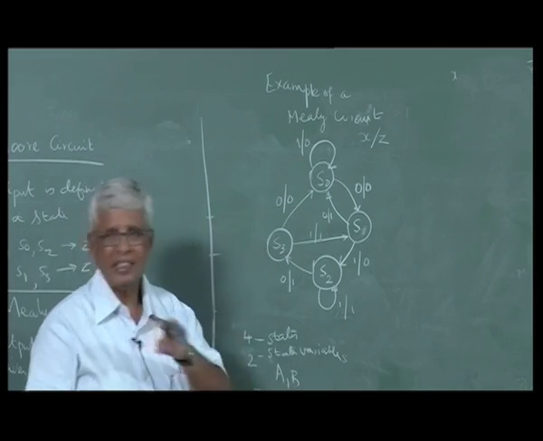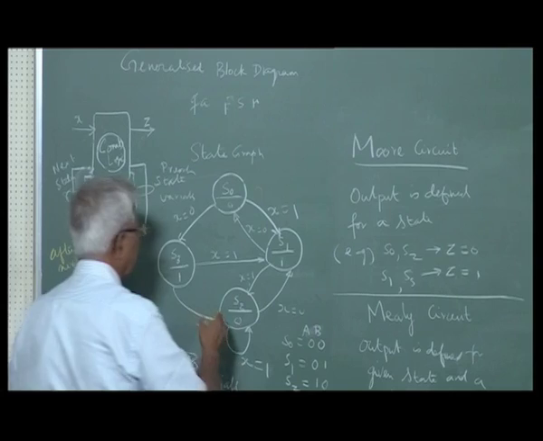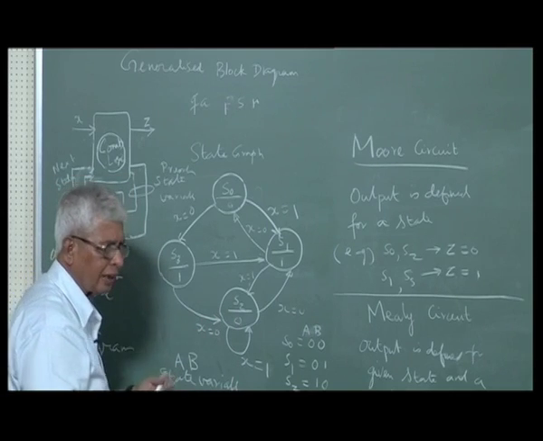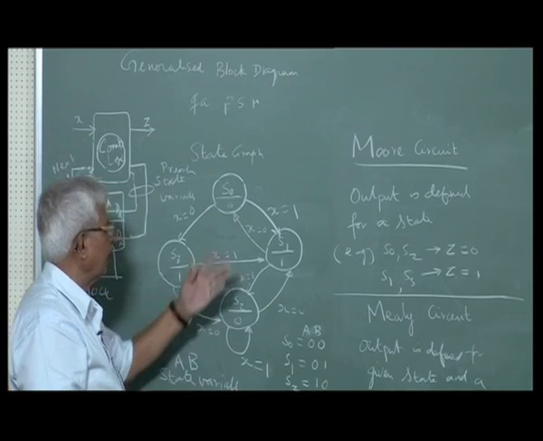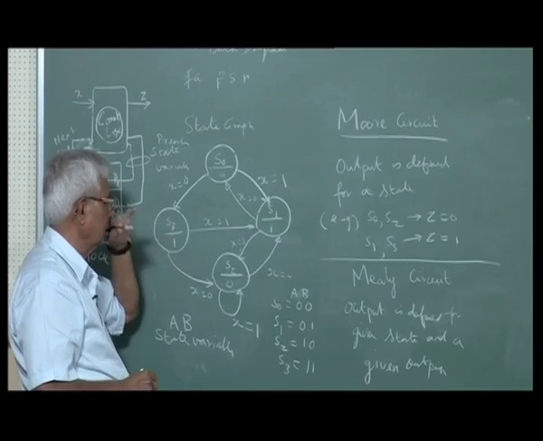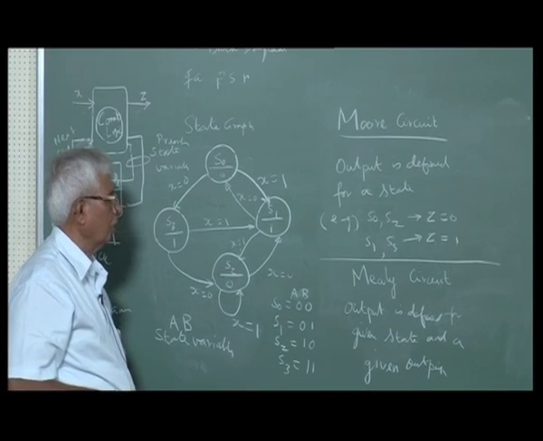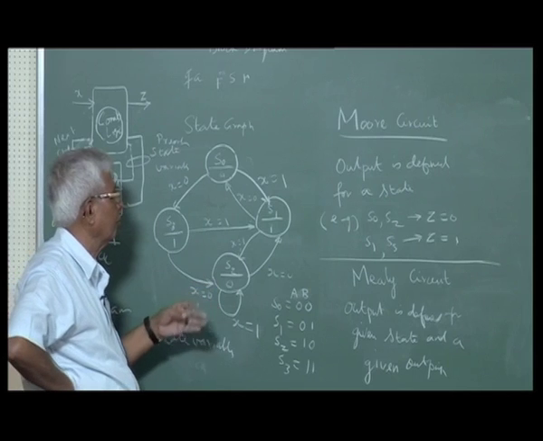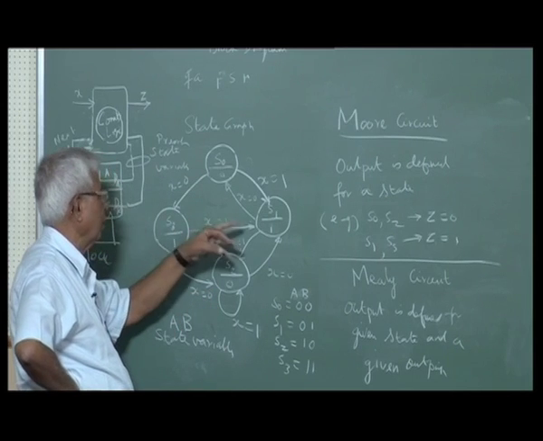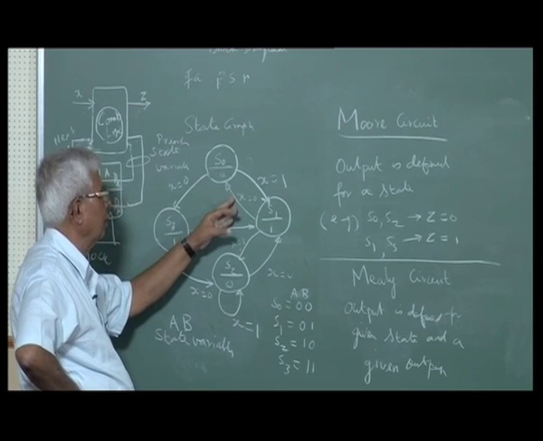See, in each of these states, the circuit can remain for more than one clock cycle. The circuit can remain in S0 for several clock cycles because X is whatever. Then it can go to 1. Supposing X is 1, it goes to S1, but then you keep this.